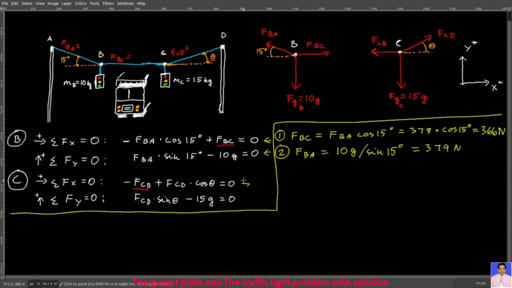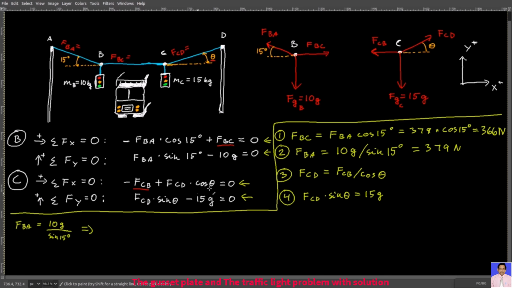Then let's take the third equation, and here you can say that FCD equals FCB over cosine theta. Then let's take the fourth equation and let's rearrange it like this. FCD times sine theta equals 15g. Now if you remember then, FBA in the second equation, it was this one here.